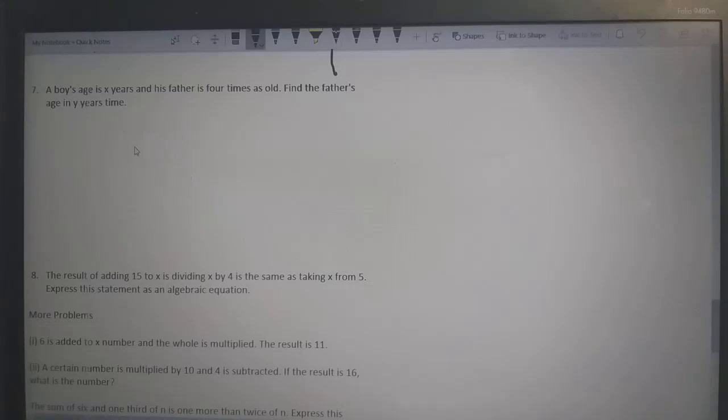Now this is another question. A boy's age is x years and his father is 4 times as old. Find the father's age in y years time. So the boy's age equals to x. Father, who is 4 times, will be 4 times x, and that will be 4x years old.